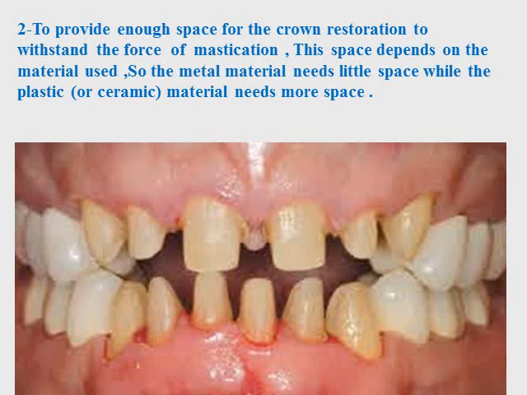If we have no space, it will be impossible to put a crown without disturbing the occlusion of the patient's mouth, and it will be difficult to close the teeth in the proper way, and this will lead to a problem in the joint of the mandible.